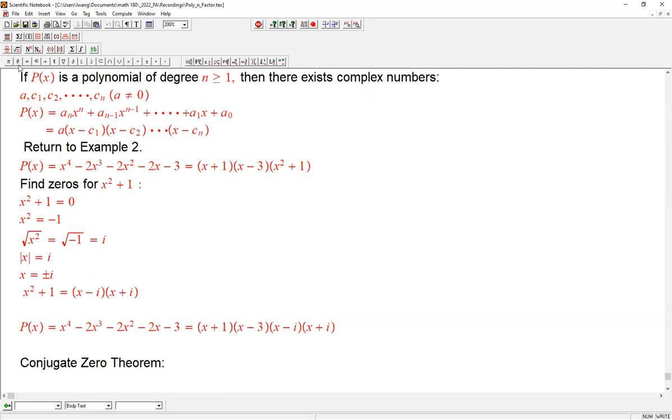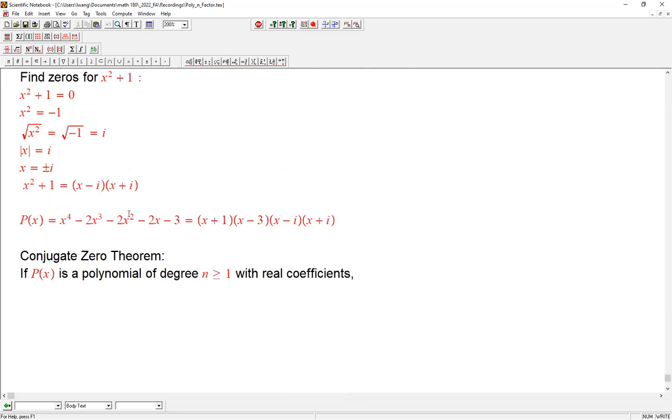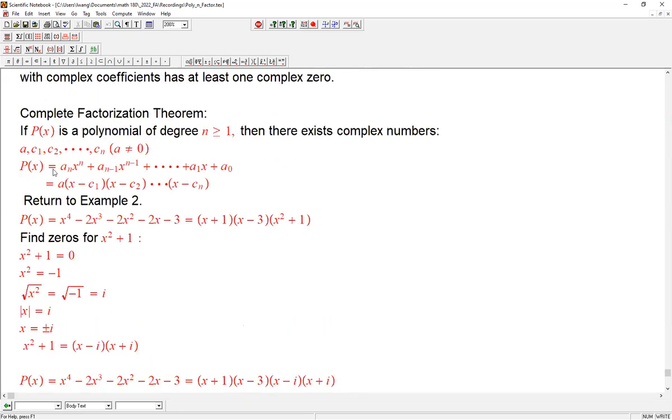Okay, so once again, if a polynomial of degree n at least 1, okay, we have a polynomial here, but this polynomial is with real coefficients. Every coefficient is a real number.